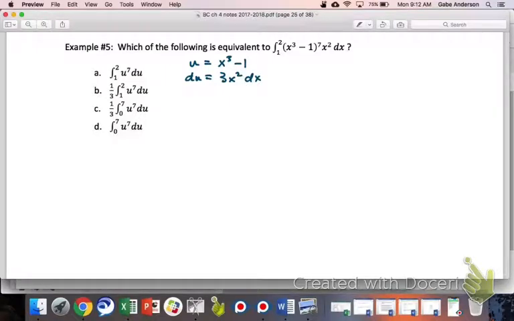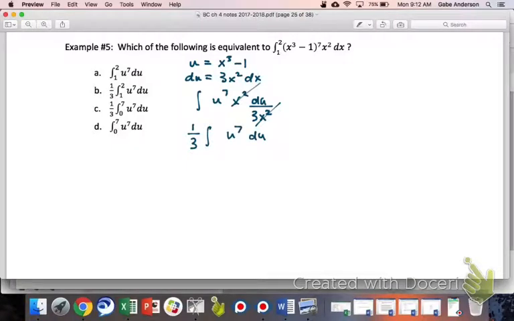So when I go to substitute, I would write the integral of u to the 7th times x squared. And I'll use my du equals 3x squared dx to write du over 3x squared for that substitution. Of course, the x squareds cancel out, which is what we were hoping for. And I end up with 1/3 the integral of u to the 7th du.